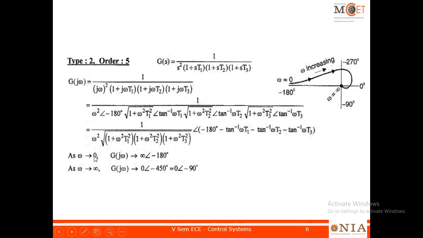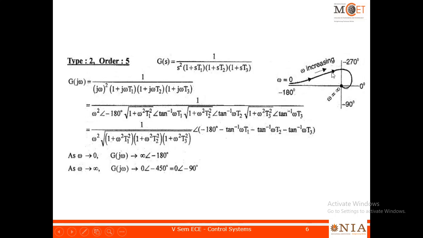At omega equal to 0, the magnitude is infinity and the phase is minus 180 degrees. At omega equal to infinity, the magnitude is 0 and the phase is minus 450 degrees, that is, minus 90 degrees. Type 2 starts in this quadrant, and omega equal to 0 with magnitude infinity and phase minus 180 degrees is satisfied by this point.